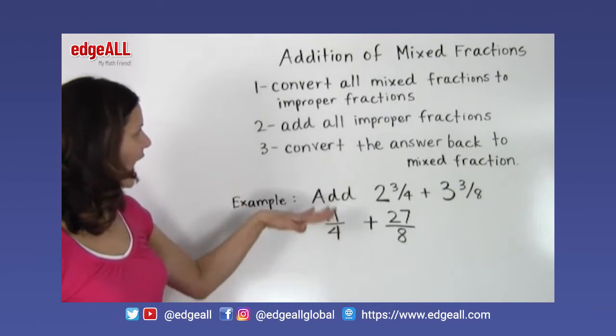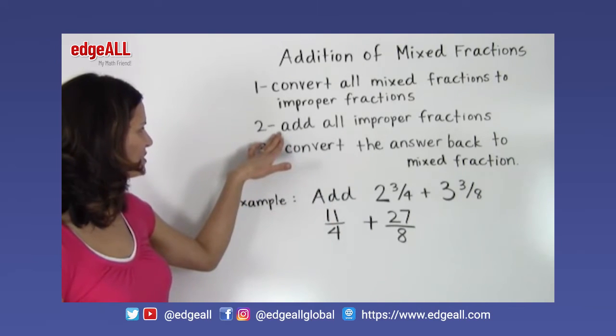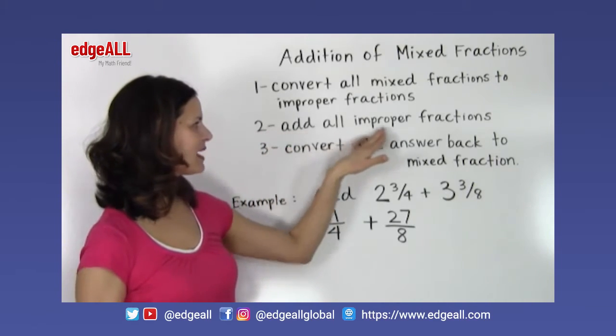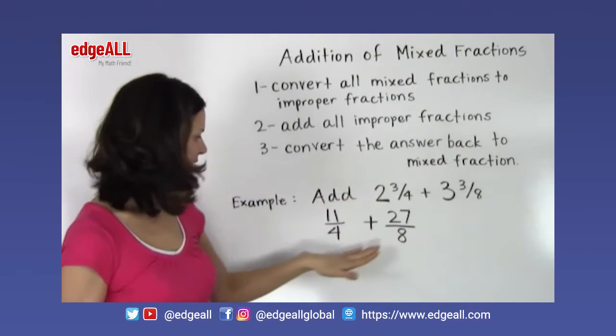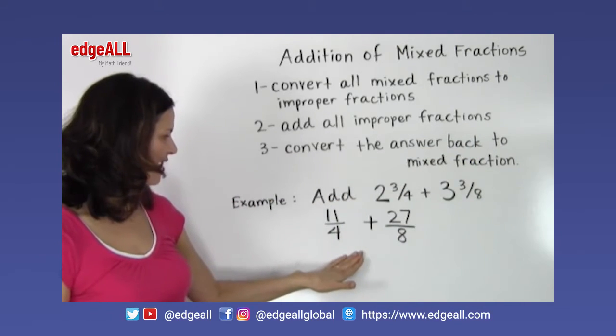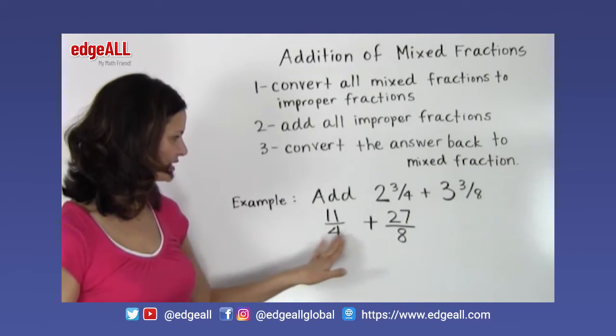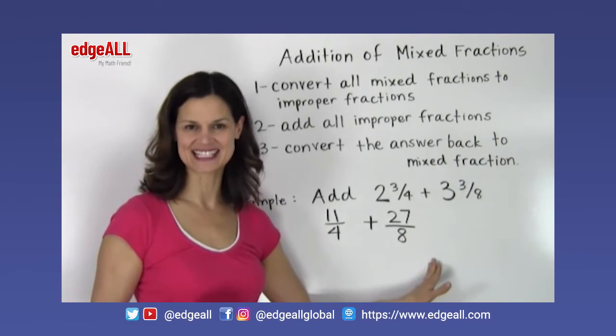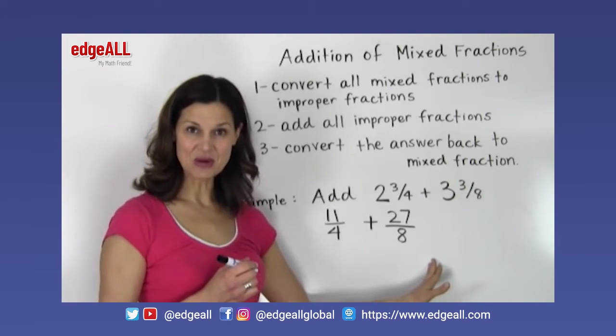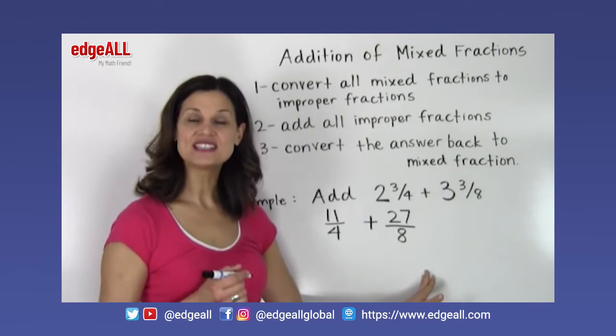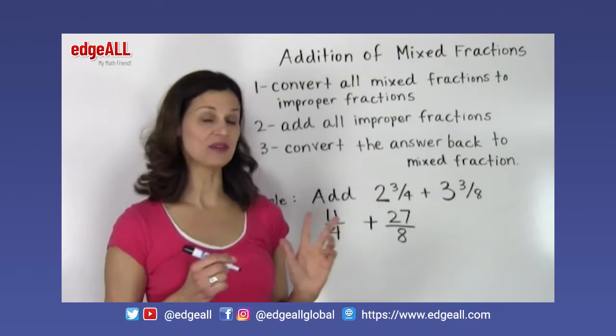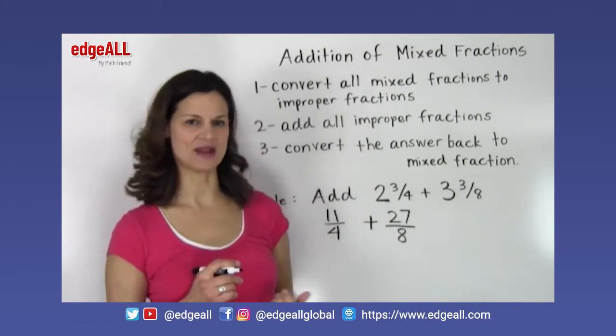So now I've gotten to the point where I can move on to step 2, which tells me to add my improper fractions. Now you can see here that what we have so far is 11/4 plus 27/8. At this step, it is just like adding two improper fractions with unlike denominators.